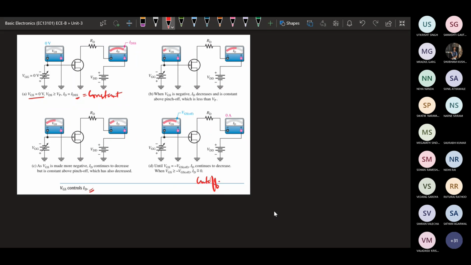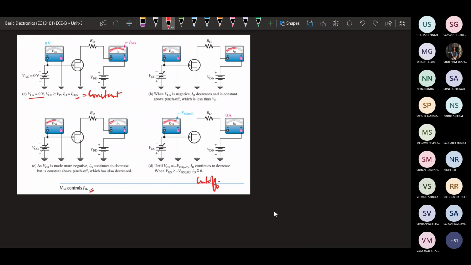Until VGS equals VGS(off). So when we apply VGS of minus VGS(off), this VGS(off) is a negative value, so it is written as minus VGS(off). ID continues to decrease, and when VGS is beyond VGS(off), the current ID is similar to 0.